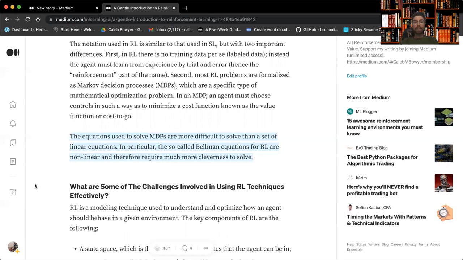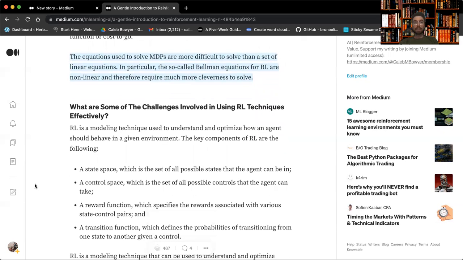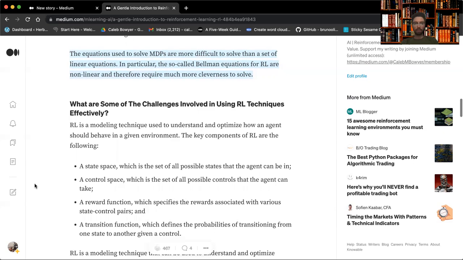In an MDP, an agent must choose controls in such a way as to minimize a cost function known as the value function, or cost to go. The equations used to solve MDPs, Markov decision processes, are more difficult to solve than a set of linear equations. In particular, the so-called Bellman equations for RL are nonlinear and therefore require much more cleverness to solve.